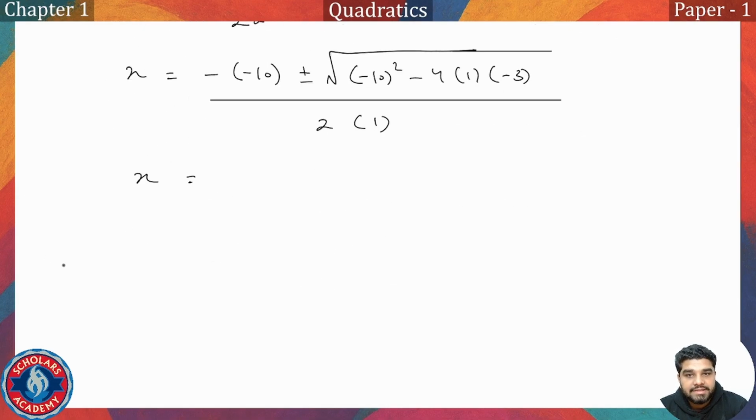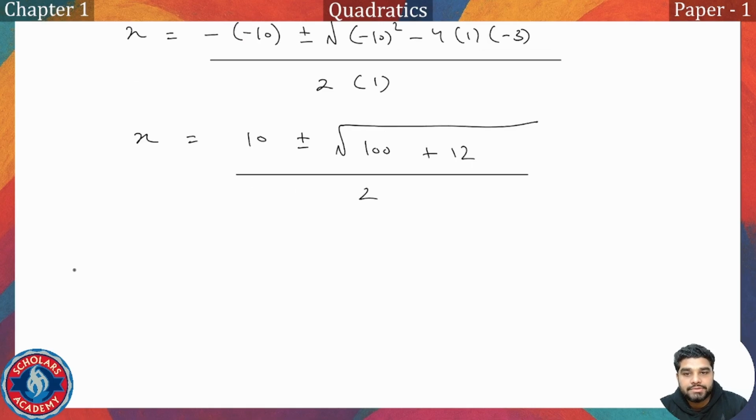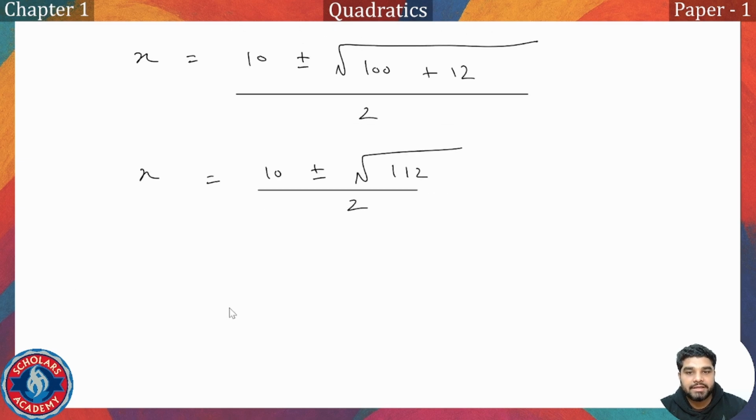So x = (10 ± √(100 + 12)) / 2, since 4 times 3 is 12. This gives us x = (10 ± √112) / 2. All right, so we can simplify it further, and we can get our answers.